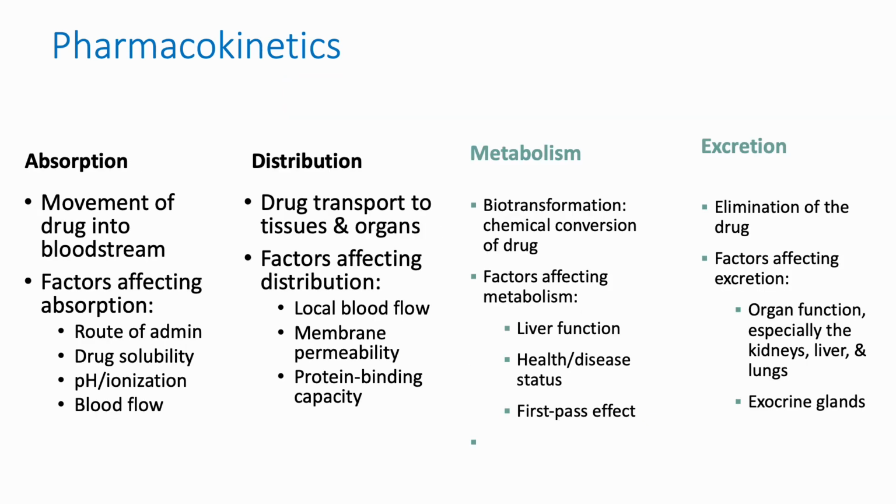Now we're going to talk a little bit about factors that are going to affect all of these steps in the pharmacokinetic process. First we'll talk about absorption, again the movement of the drug into the bloodstream. Some things that are going to affect absorption. First of all, route of administration, just like we talked about a little bit. Drugs are manufactured for a specific route of administration.